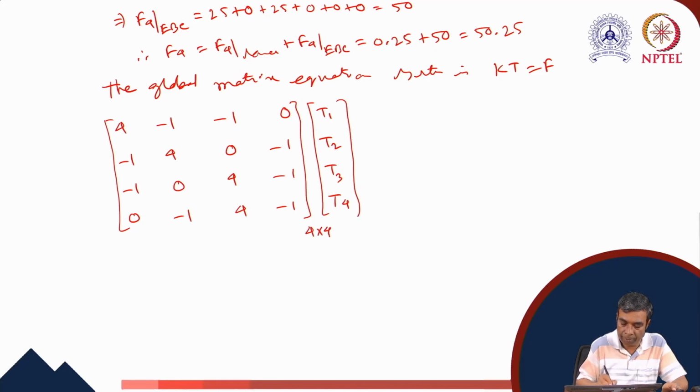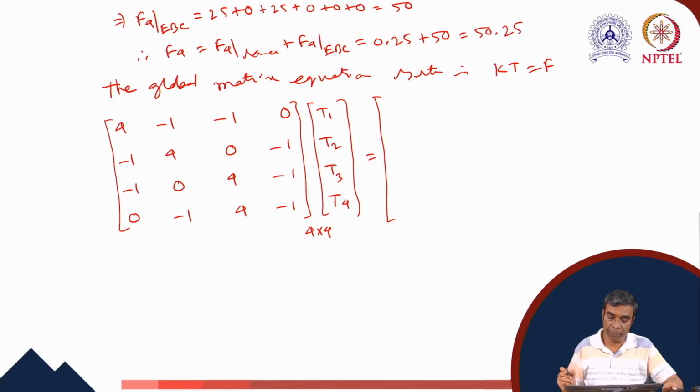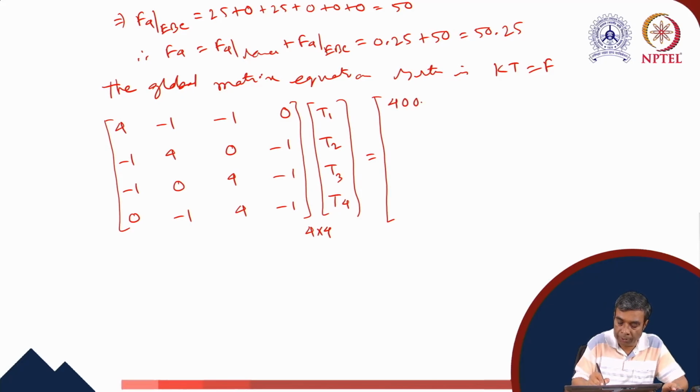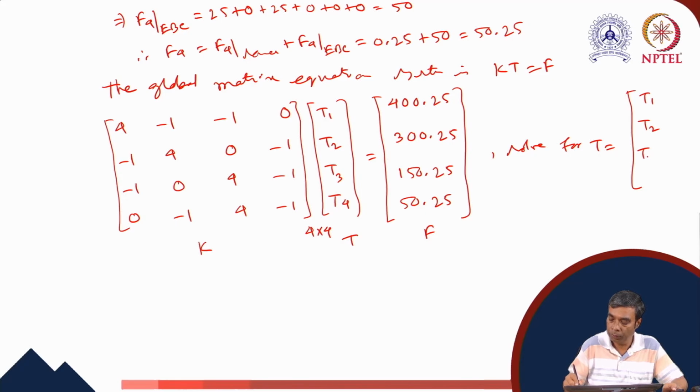So this is 4 by 4 matrix equals to our load vector components we calculated as 400.25, 300.25, 150.25 and 50.25. This is K, this is T and this is F. Solve for T equals to T1, T2, T3 and T4.